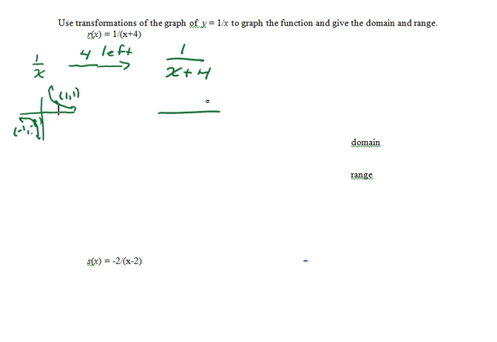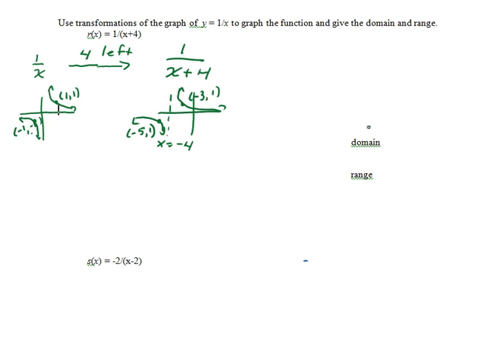That means that instead of our vertical asymptote being the y-axis, it will actually be at x equals -4. And we can sketch the graph here. And 1, 1 will move to -3, 1, and -1, 1 will move to -5, 1.